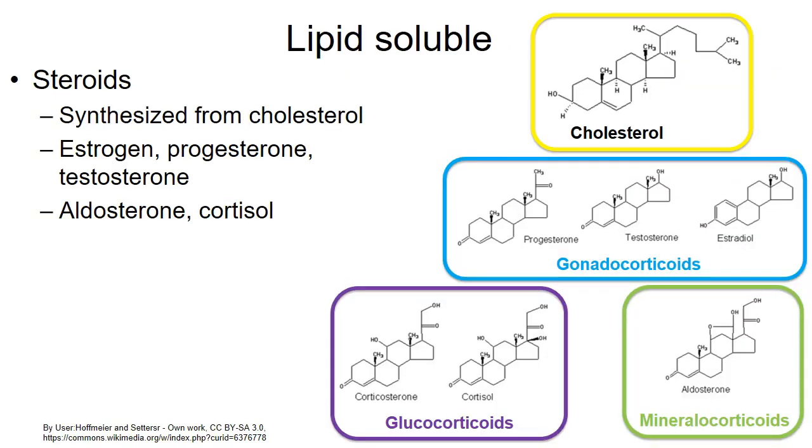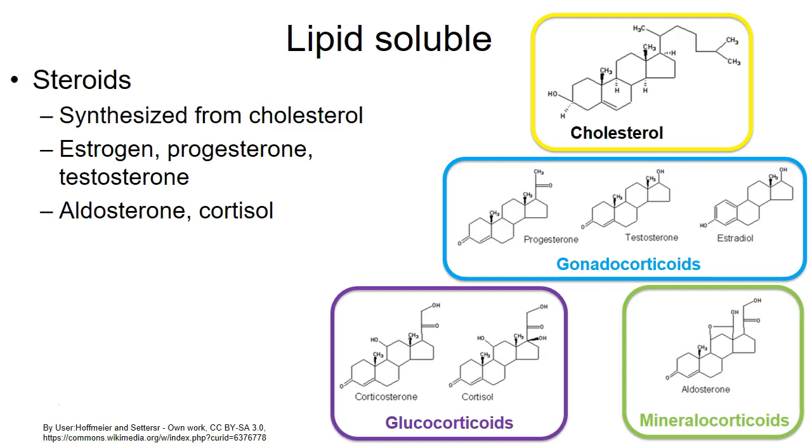All right, so this will be the last slide. Lipid-soluble ones, a lot of them are steroids, meaning that they are synthesized from cholesterol. So here's the structure of cholesterol. Am I going to ask you to draw this? No. Right? I'm just pointing out that here's the structure of cholesterol. Look how similar a lot of these steroid hormones are. They have very similar structure to that of cholesterol.